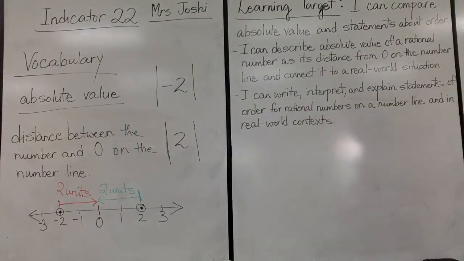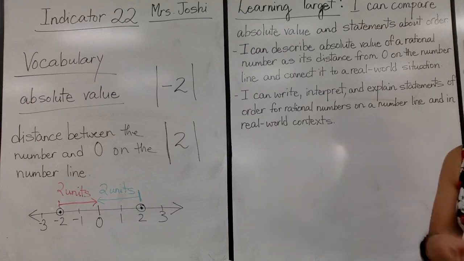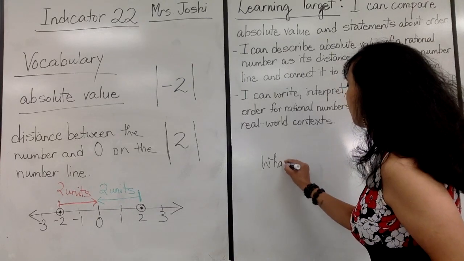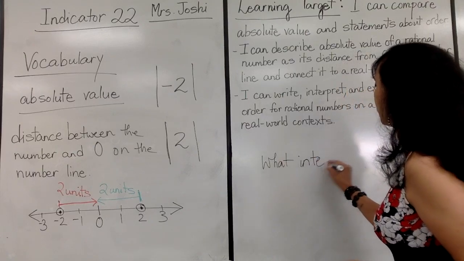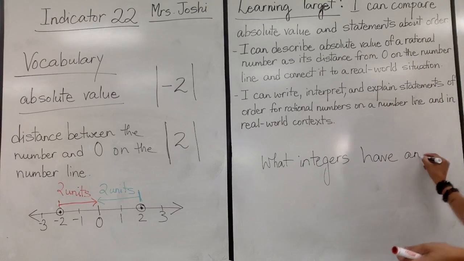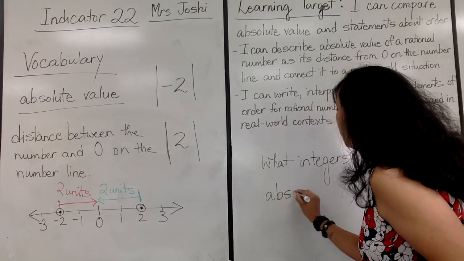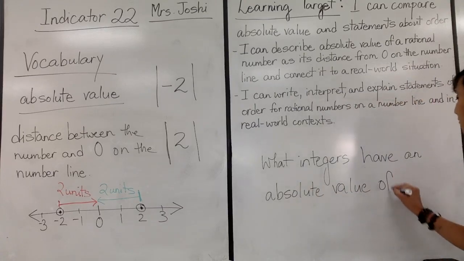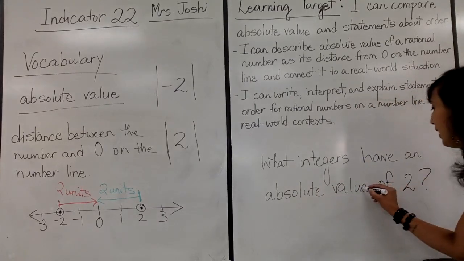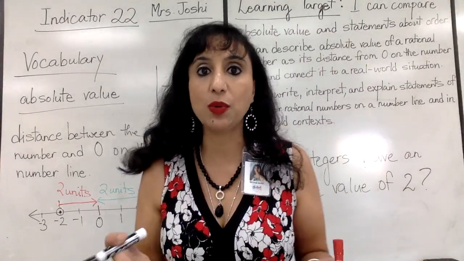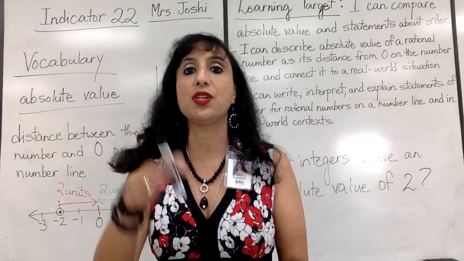And then, if it says what integers have an absolute value of 2, so when I'm looking at this, it's basically the distance of 2. That's what absolute value is: distance of a number to 0.